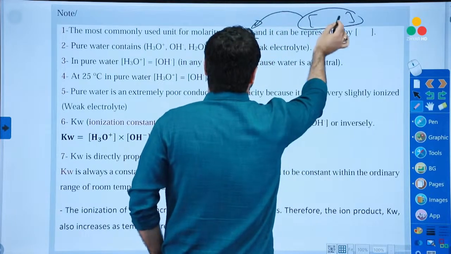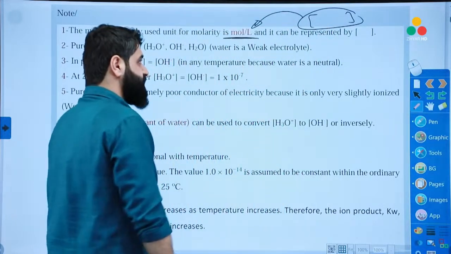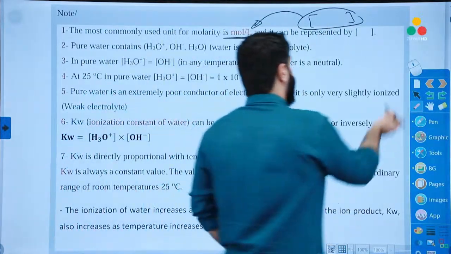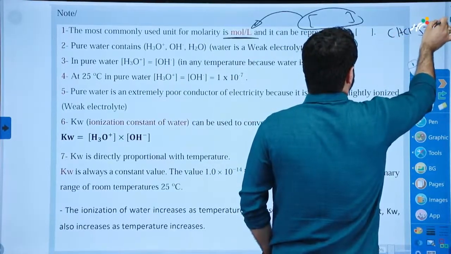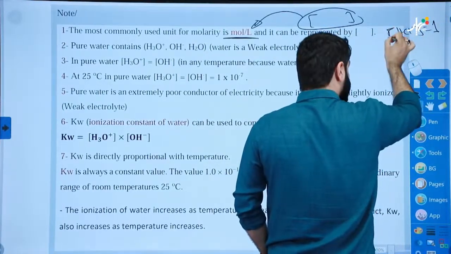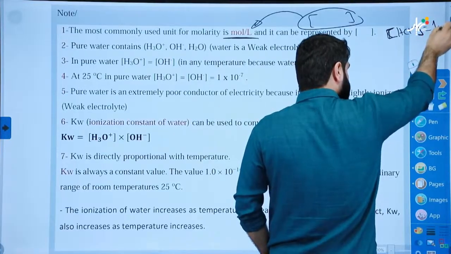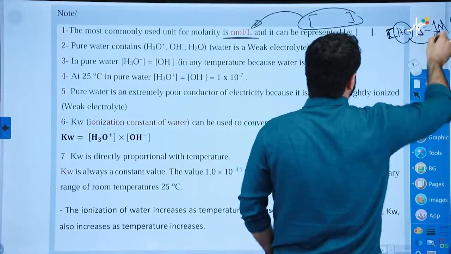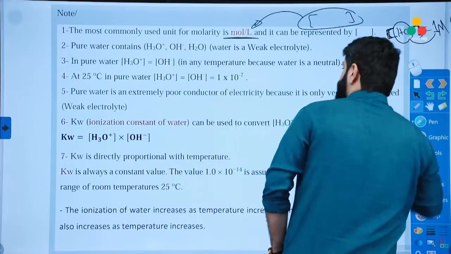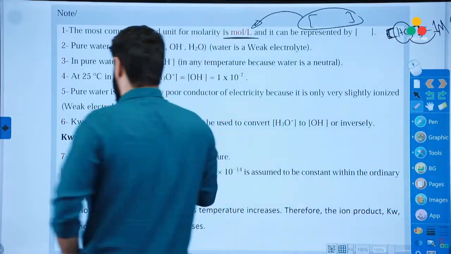Once you see two big brackets like this, it means the molar concentration. Example: [HCl] equals 1. This is a molar concentration, so 1 molar. The concentration of hydrochloric acid is 1 molar. The two big brackets stand for the molar concentration.